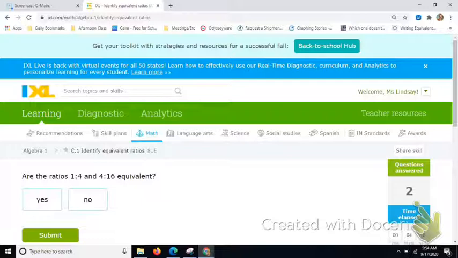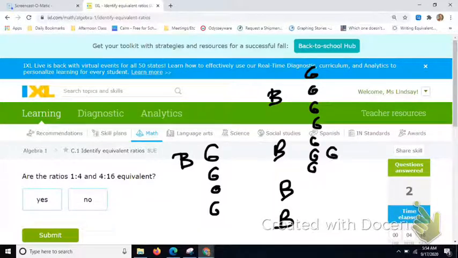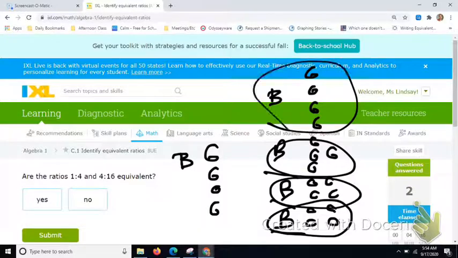So 1/4, 1 boy, 4 girls, 4 to 16, 4 boys, 1, 2, 3, 4, 1, 2, 3, 4, there's 8, 12, so there's a 1 to 4, a 1 to 4, a 1 to 4, a 1 to 4.